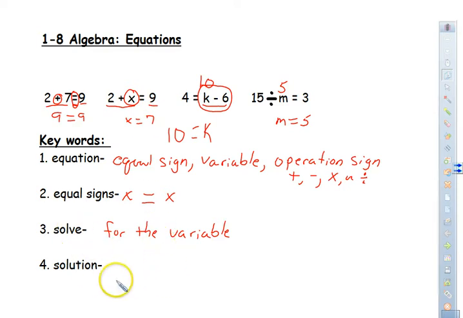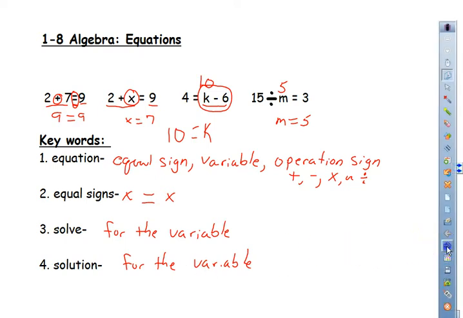It's basically saying to solve. Okay, that's the solution, and again, the solution is for the variable. So as we look at this, it is quite obvious that everything in an equation pretty much revolves around that variable, because ultimately that is what you're trying to find.